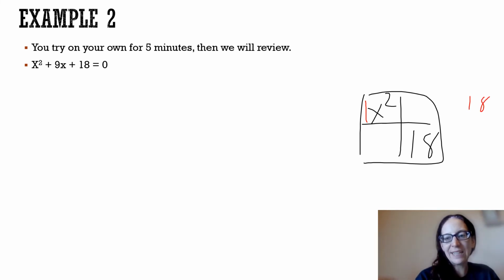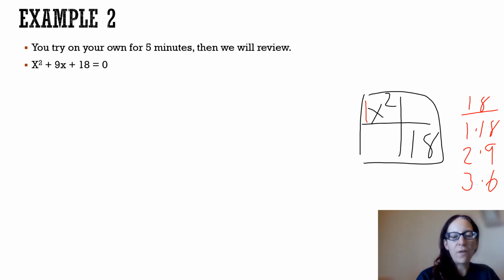So we look at 18. 18 could be 1 times 18. It could be 2 times 9, or 3 times 6. And of course, we're looking for something that adds up to 9, and we know that the answer is going to come off of that list, which in this case would be the 3 and the 6.